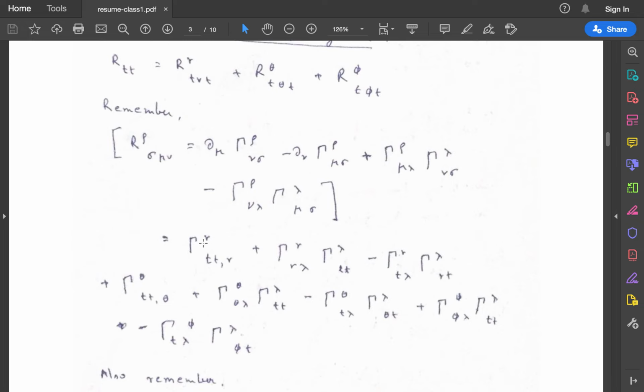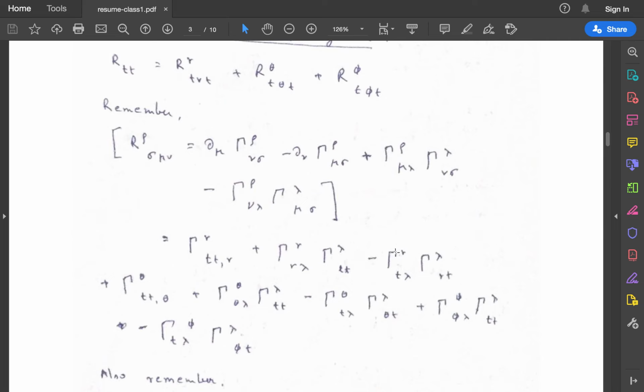First we have gamma^r_tt,r, also gamma^r_rλ gamma^λ_tt, where lambda can be anything from t, r, theta, phi; you can put anything there and calculate.